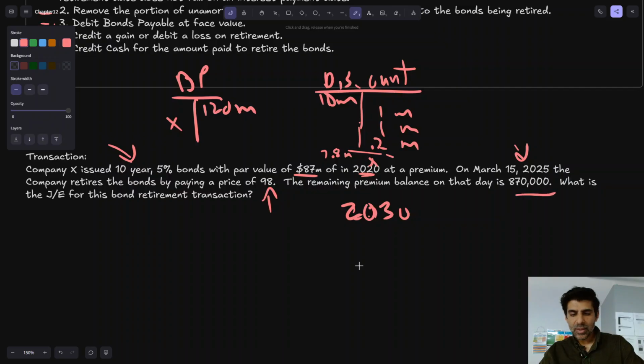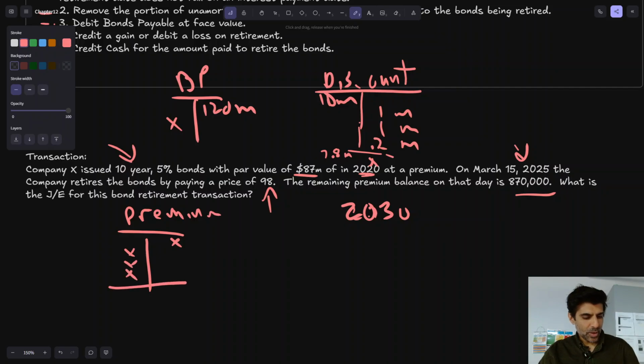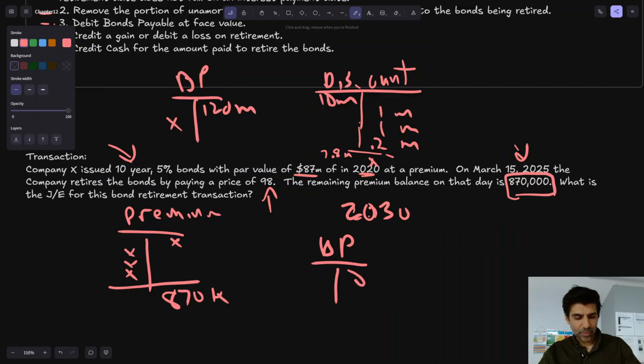On that day, the total remaining premium balance is 870,000. We had some amount we were amortizing for premium, we brought it up to date, and the balance is 870K. That's the situation stated here. And again, the bonds payable is 87 million.